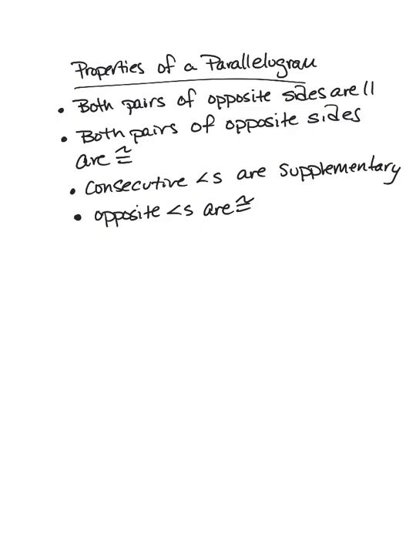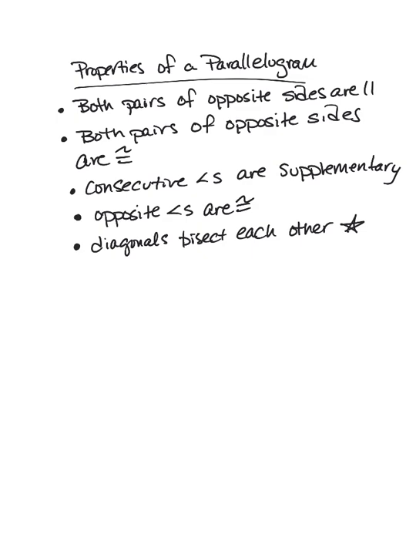One of the most important characteristics is that the diagonals bisect each other. Okay, so that's very important because that does not happen in a trapezoid that is not a parallelogram.